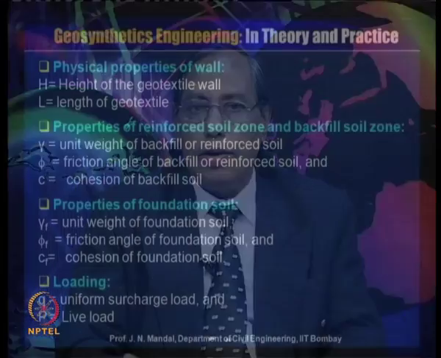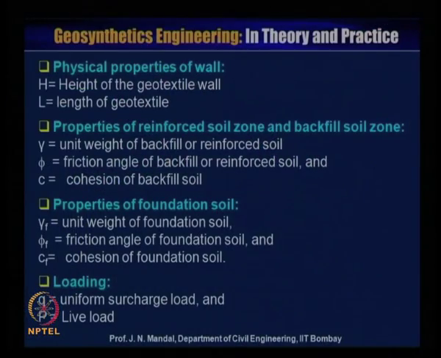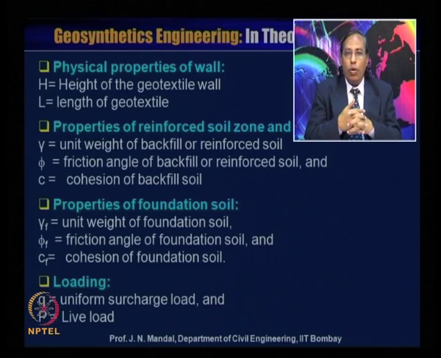Now for this part, you require physical properties of the wall, that is, height of the geotextile wall and length of the geotextile. You require properties of the reinforced soil zone and backfill soil zone. I show you γ, the unit weight of the backfill or the reinforced soil. If it is a backfill, γb; if it is a reinforced soil, then γr. φ is the friction angle of the backfill or reinforced soil.